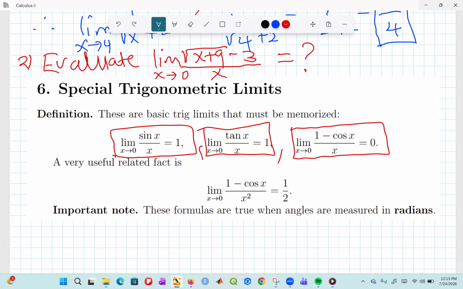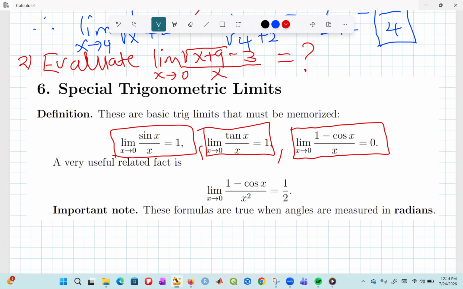How do we prove, or how do we find, that the limit of sine of x over x as x approaches 0 is 1? For now, because we are discussing limits, we just have to remember the special trigonometric limits.